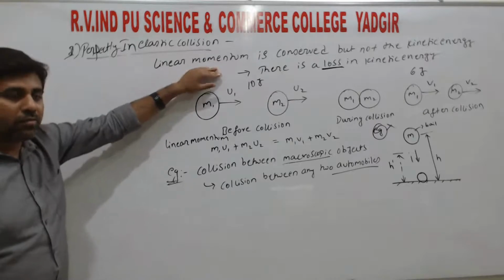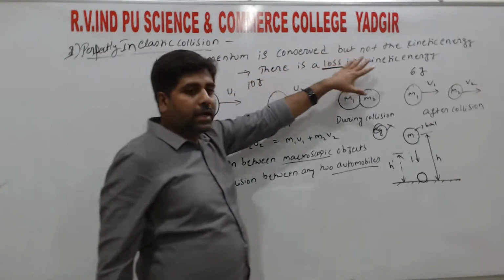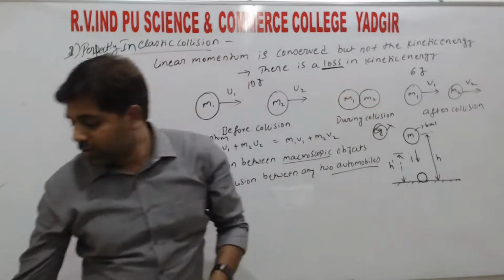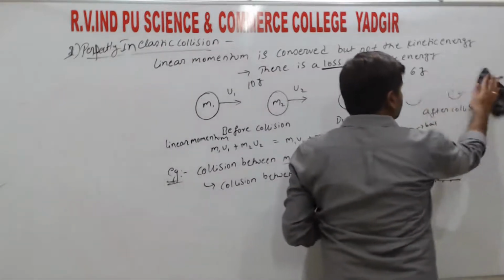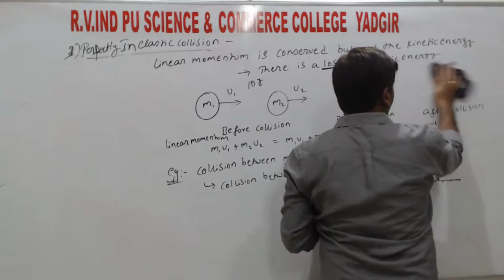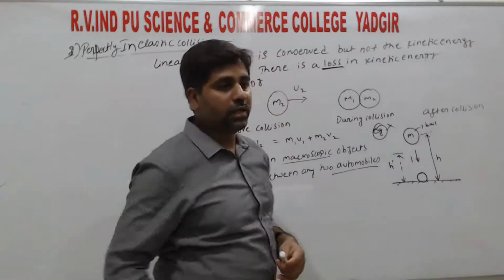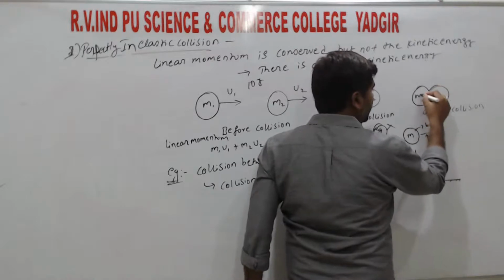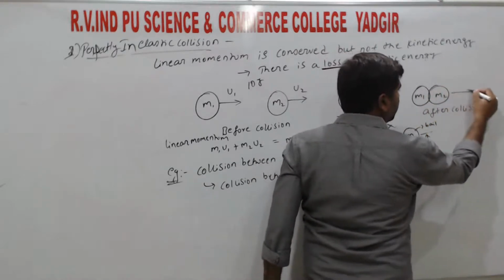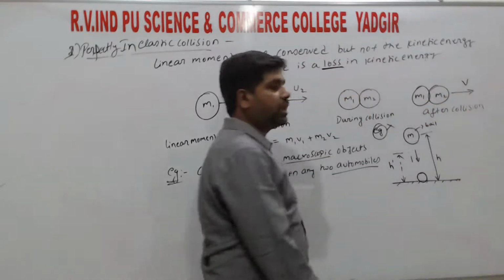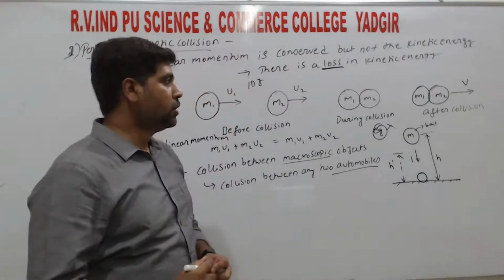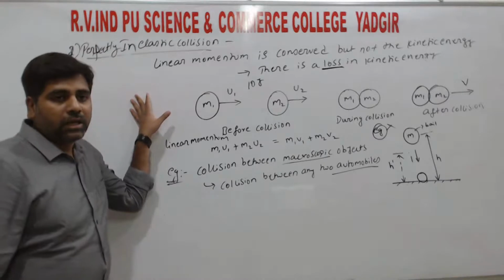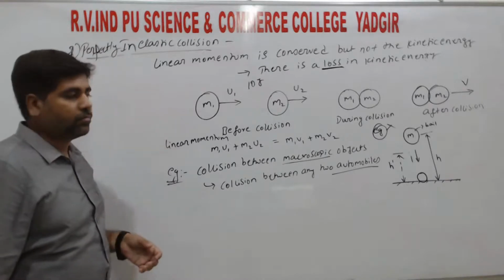Linear momentum is conserved but not the kinetic energy. But after collision the two colliding bodies stick together and move with some velocity v, right? Such a collision we call a perfectly inelastic collision, right?